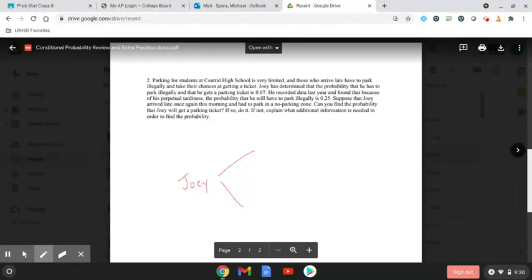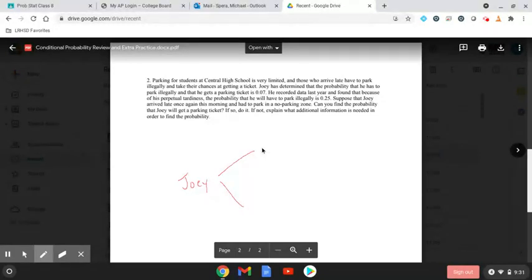The probability he has to park illegally and gets a parking ticket is 0.07. The likelihood that he has to park illegally to begin with is 0.25. So think about that. Think about how he parks and then the chances of him getting a ticket.